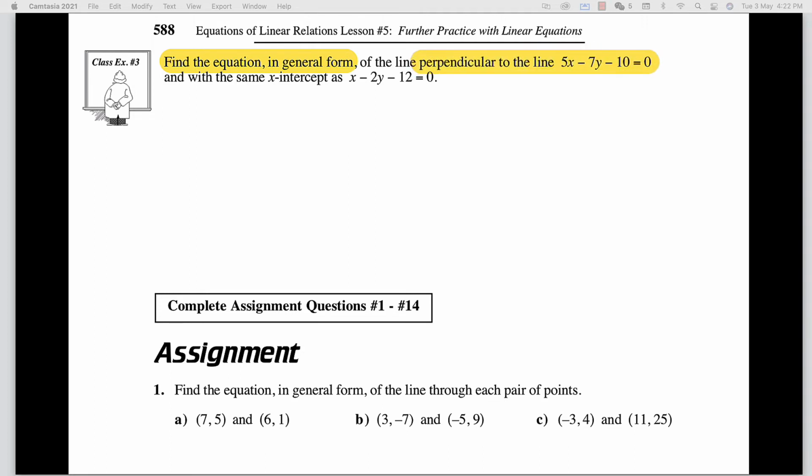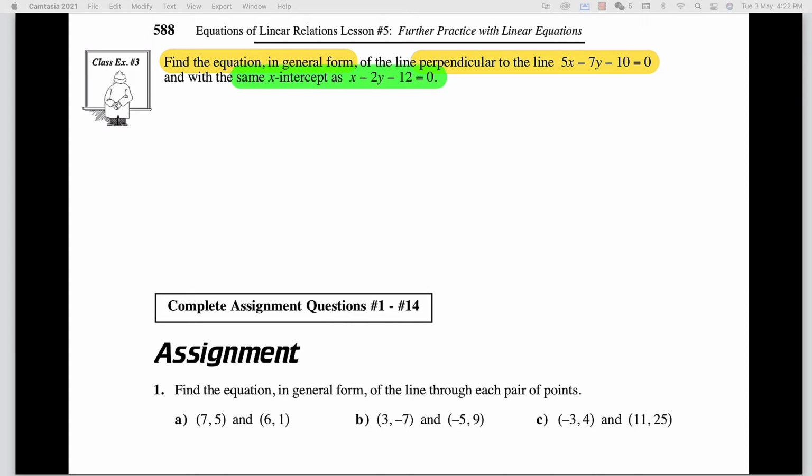So that's going to have a slope that is going to be different, set up the way a perpendicular slope is. And the other one down here says it's going to have the same x-intercept as this one.